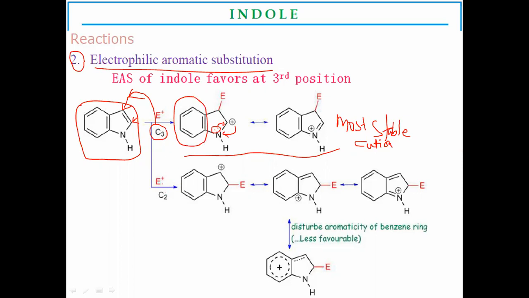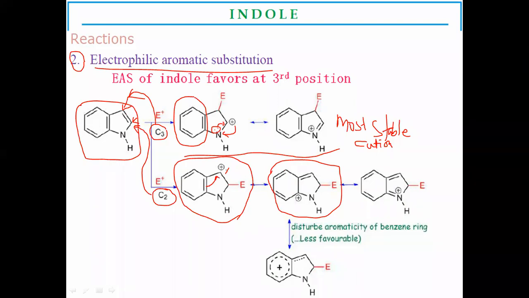Whereas if the substitution occurs at the C2 position, where the electrophile is substituted, then there is formation of an intermediate with positive charge acquired on the third position by breaking of this carbon-carbon double bond. And their tautomeric structure disturbs the electronic structure of the aromatic ring, or there is a disturbance in the aromaticity of the benzene ring by delocalization of this pi electron towards adjacent positions and charge transfer over the carbon atom.